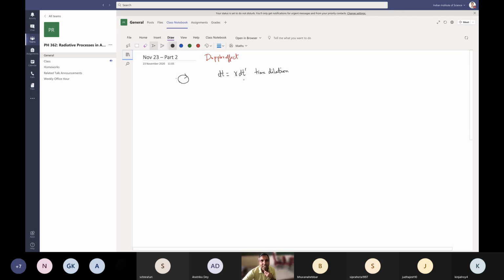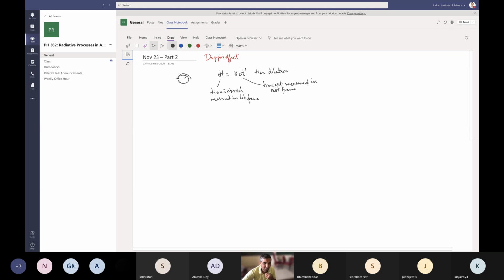So basically this is the time interval measured in the lab frame, and this is the time interval measured in the rest frame of the particle. For example, let's consider a particle.